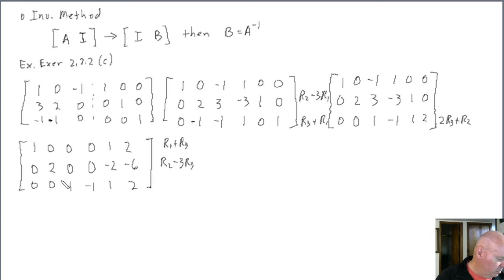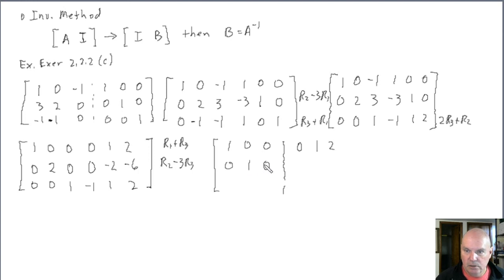The only step remaining is dividing the middle row by 2. 1, 0, 0. I'm going to put a little bar here to separate the two halves. Then 0, 1, 0, 0, minus 1, minus 3. Here I'm just dividing row 2 by 2.